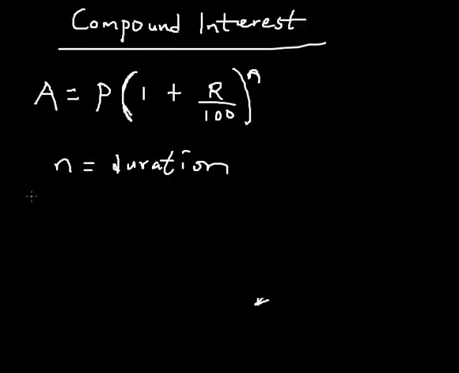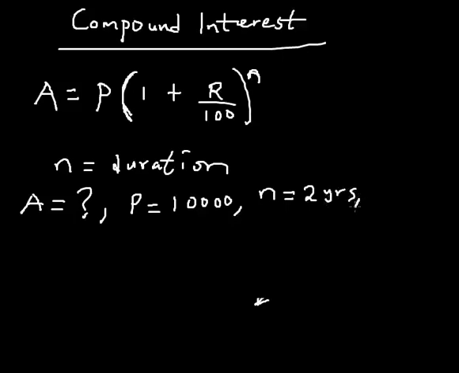For example, if you're being asked to find the amount of a compound interest with an initial amount of, let me use a different amount this time around, let's say 10,000, for the duration of 2 years, at the rate of, let's make it 4%.